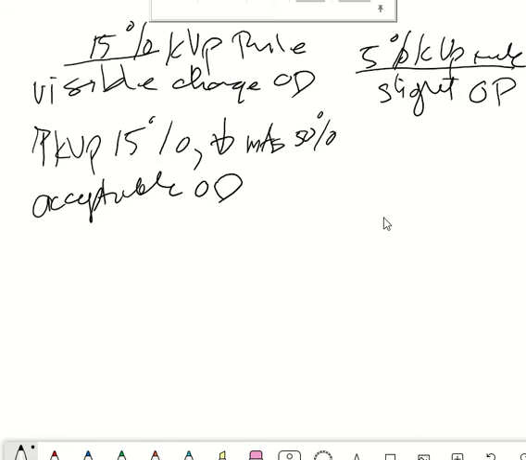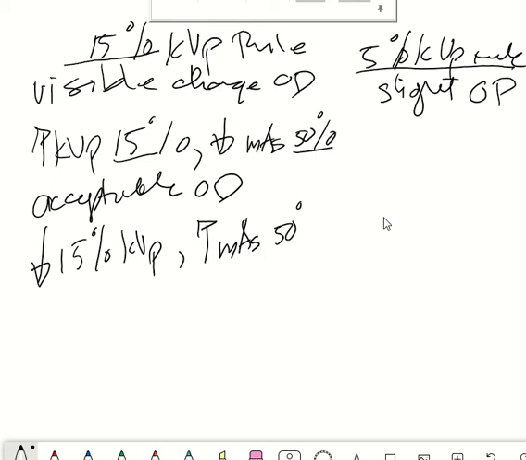Basta itong pares niya, 15% kVp, 50% MAS. If you decrease kVp by 15%, you have to increase your MAS by 50%. Okay? Inversely related ang kVp at MAS.